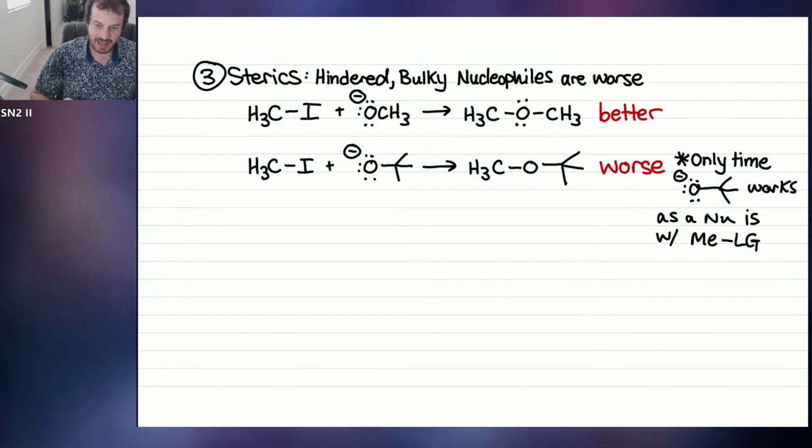All right, last thing I want to mention in terms of rate is the solvent. I talked about the solvent, so let's talk about that. The solvent can have a big effect on the rate of an Sn2 reaction. And we don't really think about the solvent too much, but it's important.